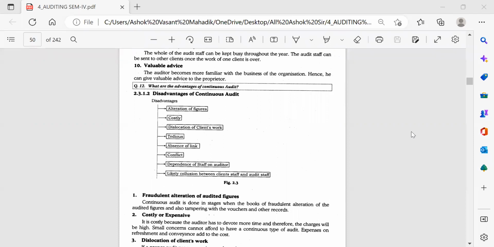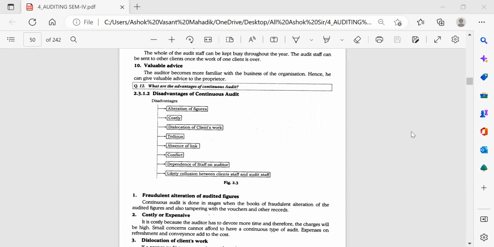So he may alter the figures of the part which is already audited, because he may be knowing that the auditor will not go back to April and May. So this possibility is there.